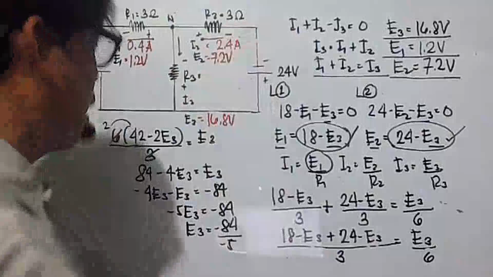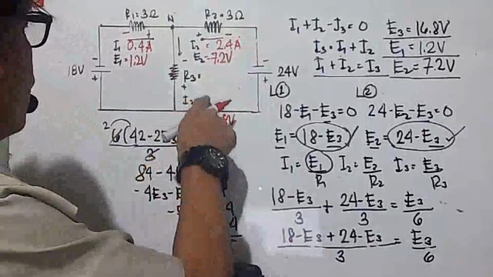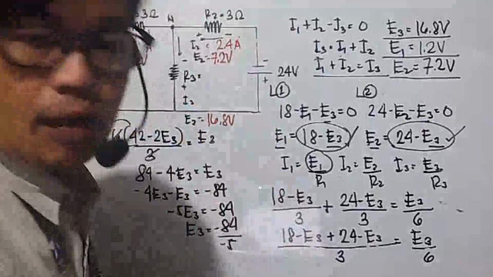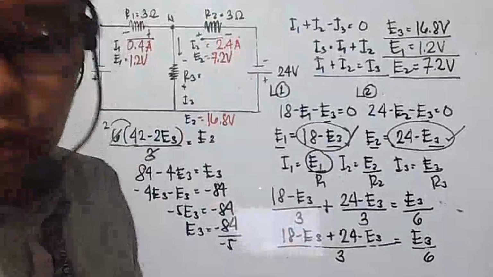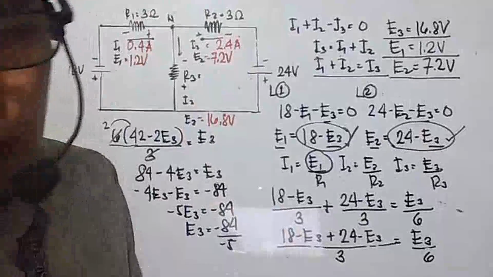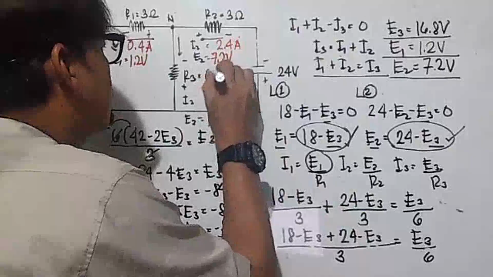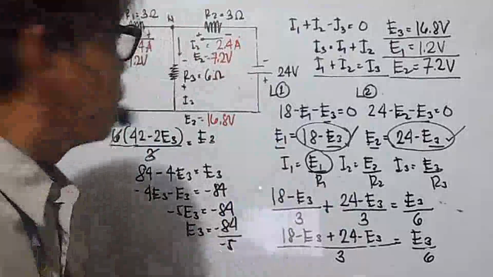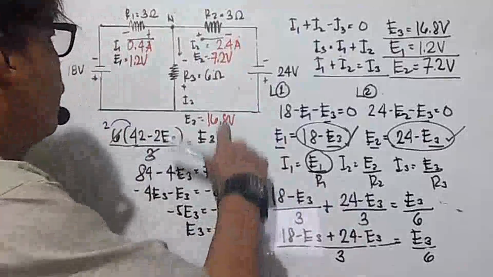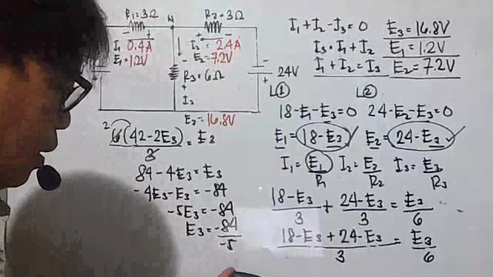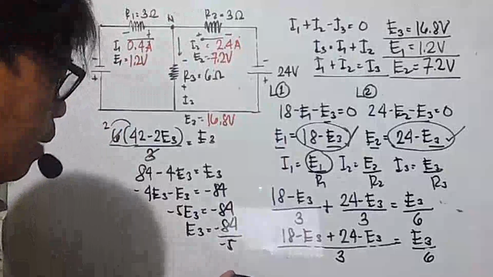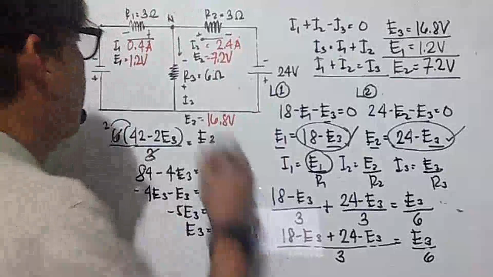And finally, your I3. Wait, 6 ohms was erased, so just write it back. 6 ohms. So it is 16.8 divided by 6, so that is 2.8.